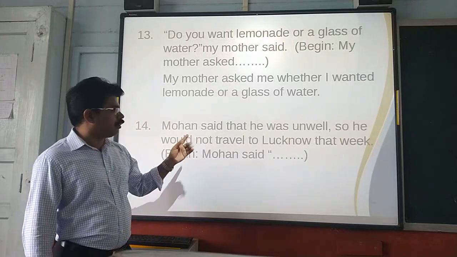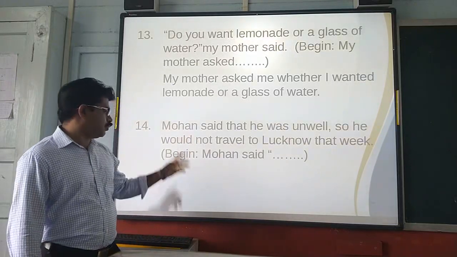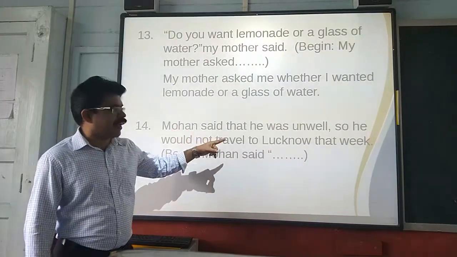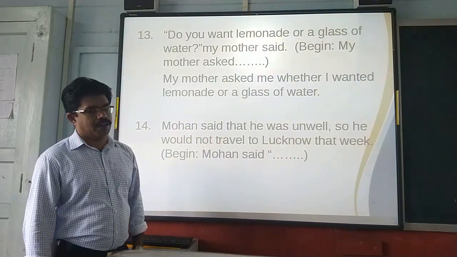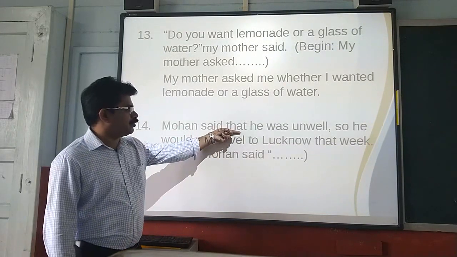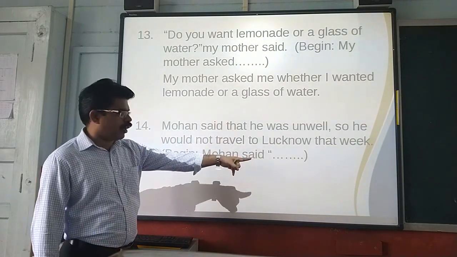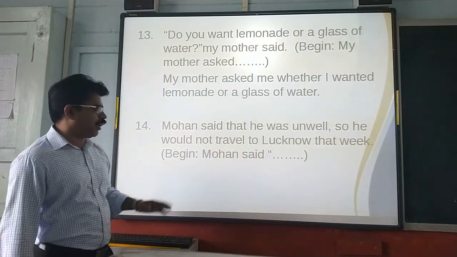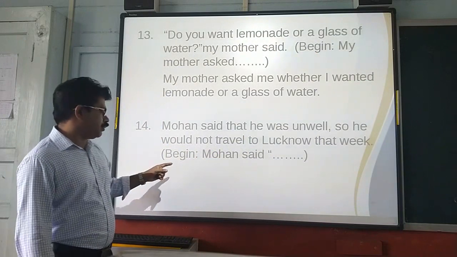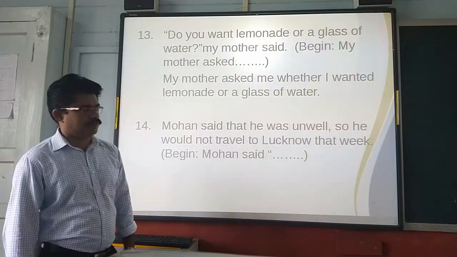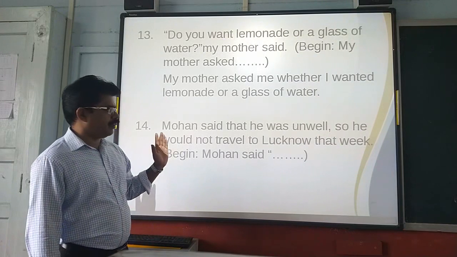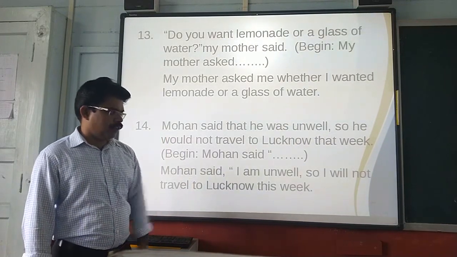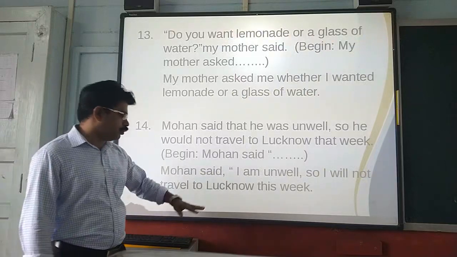Mohan said that he was unwell, so he would not travel to Lucknow that week. Indirect speech. So you have to take here the inverted commas are also given there, so naturally you are asked to write it in indirect speech. Begin. Mohan said. What did Mohan say? Mohan said, I am unwell, so I will not travel to Lucknow this week.